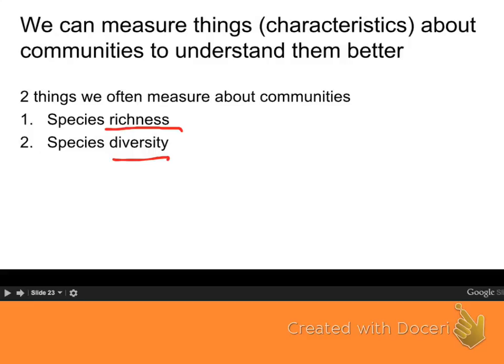Different. Anybody else? Opposing, sometimes. Okay. Differences in what something can do. Okay. We talk about diversity in human communities in a mix of ages, religions, ethnic backgrounds, maybe political perspectives, whatever. That's how we talk about diversity.